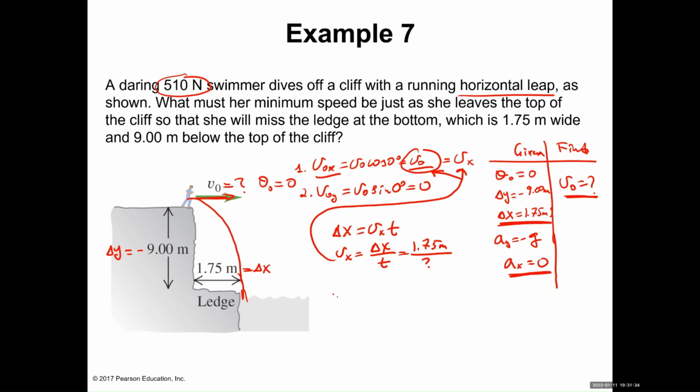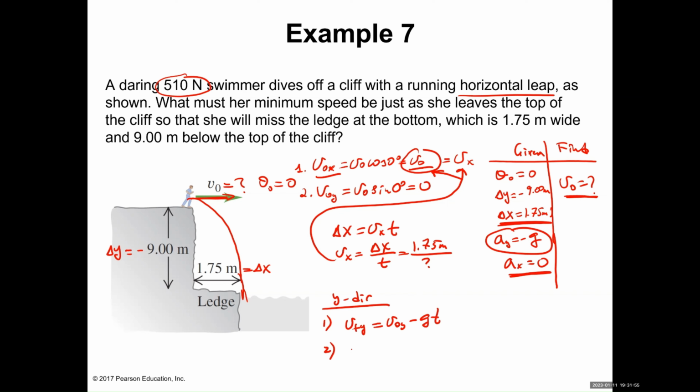And to find the time, I need to go to the vertical motion equation. Remember, in the vertical direction, there's ay equals negative g acceleration. It's negative. So I have these equations. Equation 1: v final in the y direction equals v initial y minus gt.